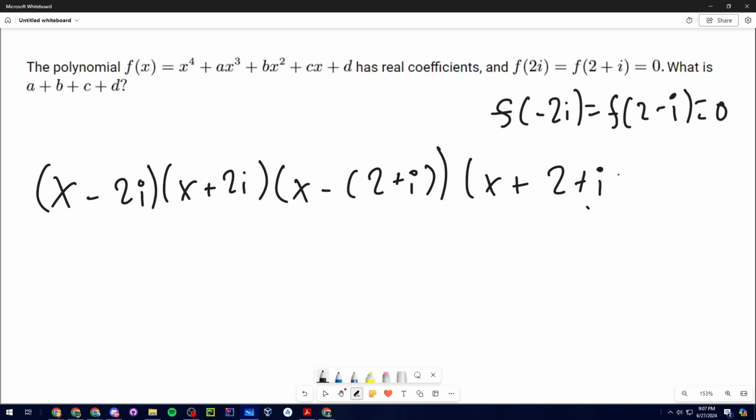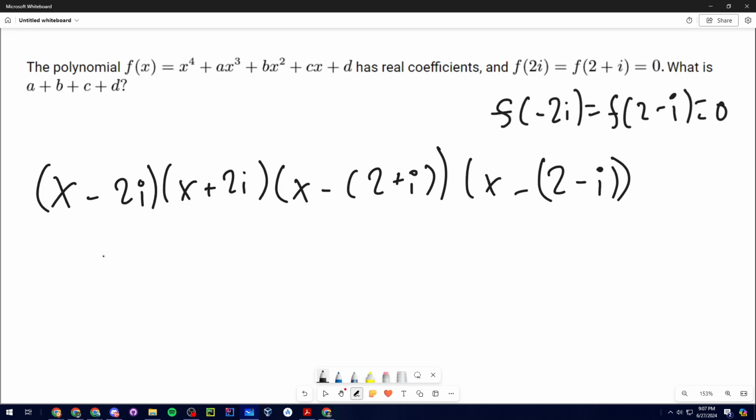Wait, did I go about that right? x minus 2 plus i, and then the conjugate of that. Oh, no, sorry, this would be x minus, I knew I was doing something wrong. Okay. Alright, yeah, so that's true.